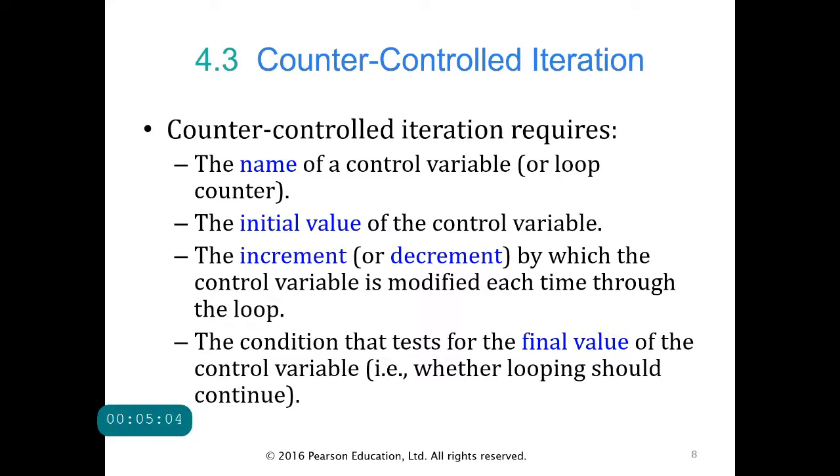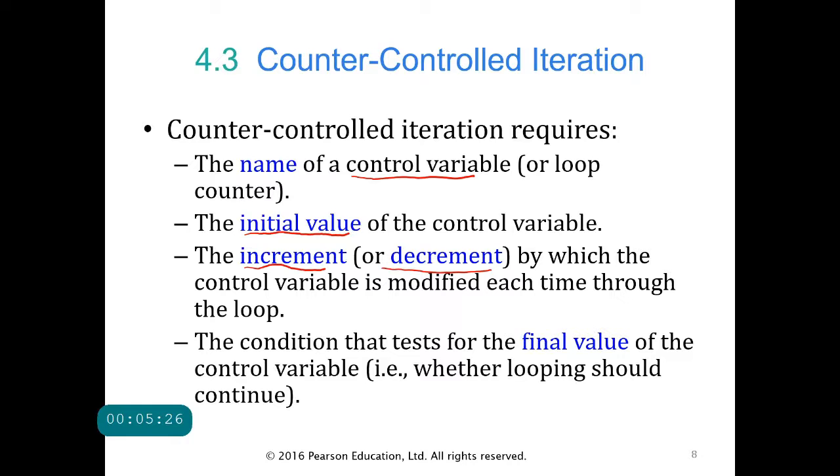Now, if you're looking at counter control, you generally have to first give a name to your control variable. You then have to give it an initial value. So that's the value which your loop starts with. And then you obviously have to specify an increment or a decrement.